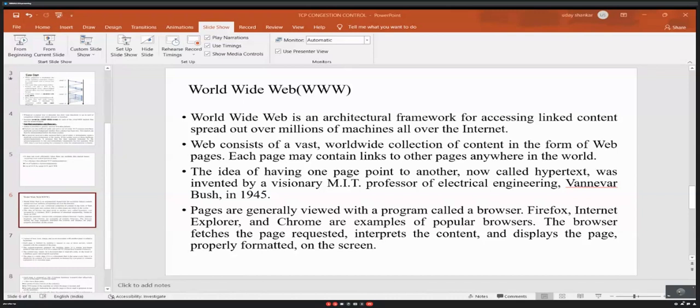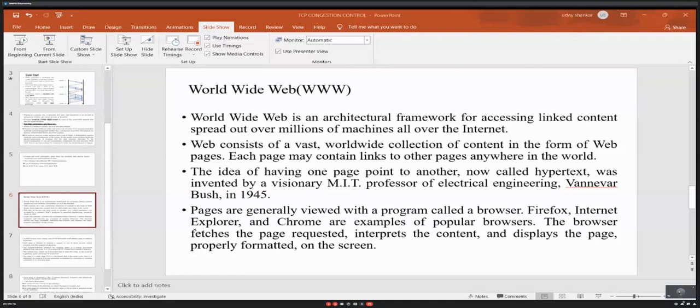The browser fetches the page requested, interprets the content and displays the page properly formatted on the screen. So the role of the browser is to fetch the particular page which is requested, interpret the content on that web page, and display it in a proper format according to the user interface required.